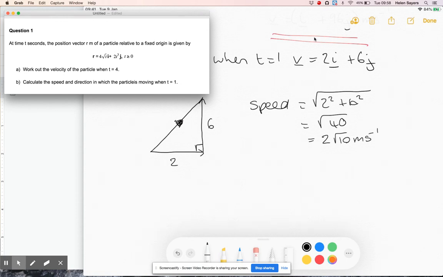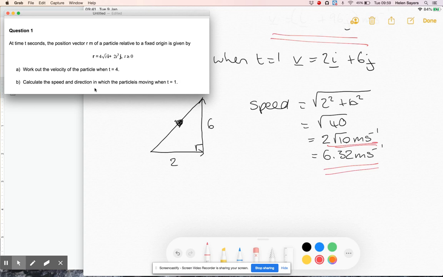And the units would be meters per second, or let's get it as a decimal, or we could give it to 3 significant figures, so that would be 6.32. Okay, and either of those would be my answer to the speed for part B.